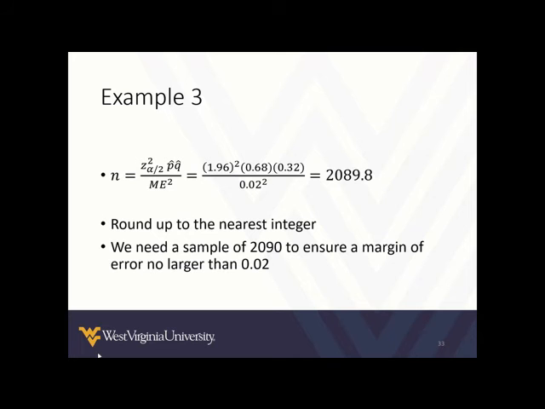And so this is going to give us 2089.8. We will round up to the nearest integer, and so therefore we need a sample of 2090 to ensure a margin of error no larger than 0.02.